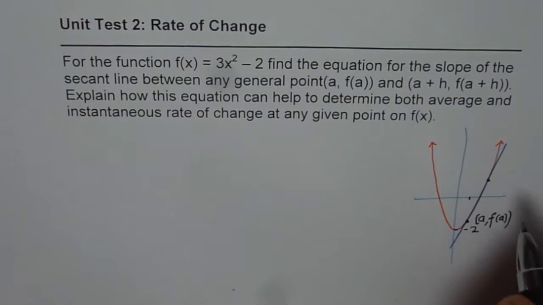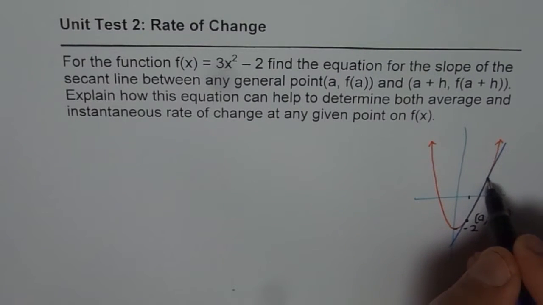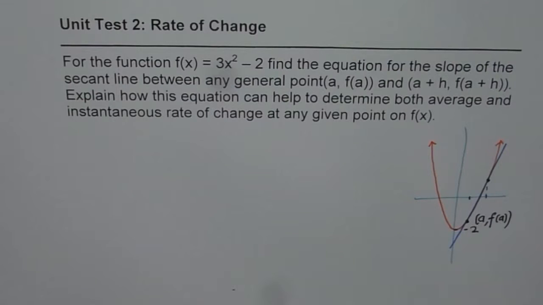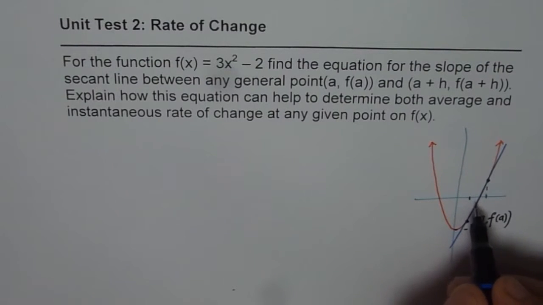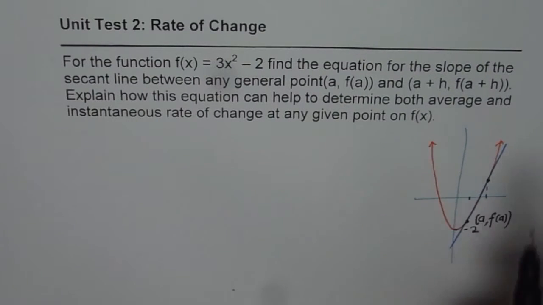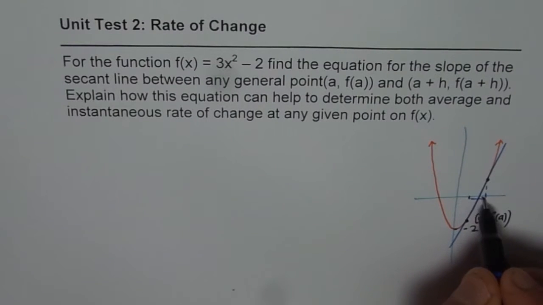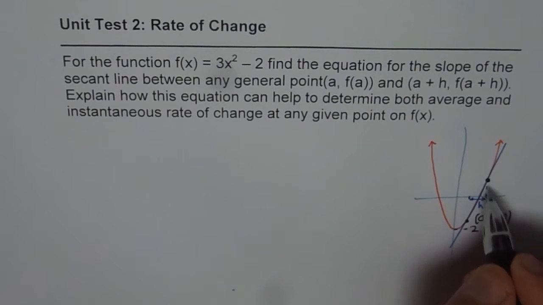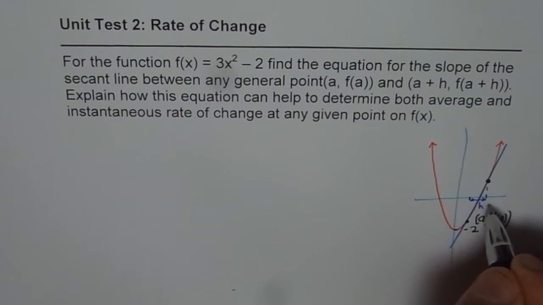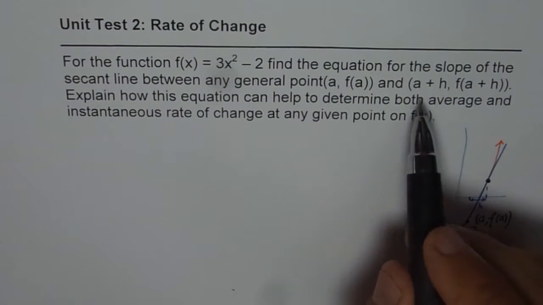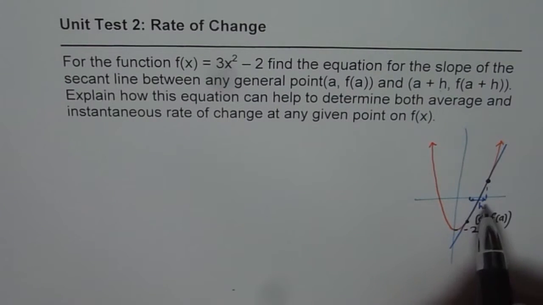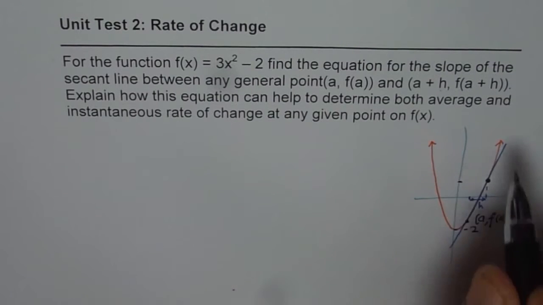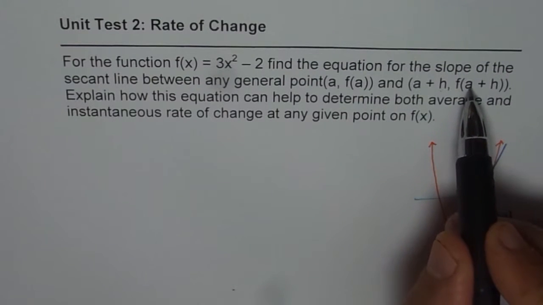The other point is slightly away from our point, at this place, which we are saying is h units away. So the distance between these 2 points horizontally is h, right? So the x coordinate is a plus h, since it is h units away, and the y coordinate is f of a plus h, right?